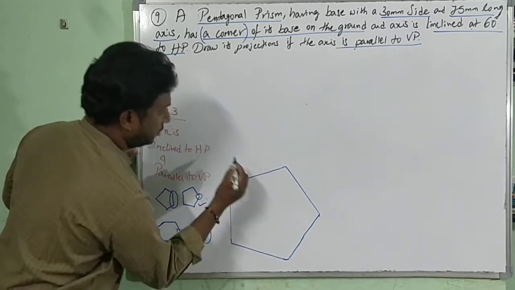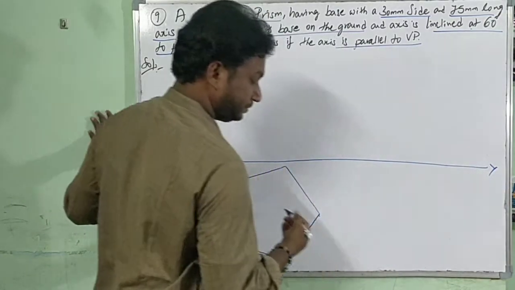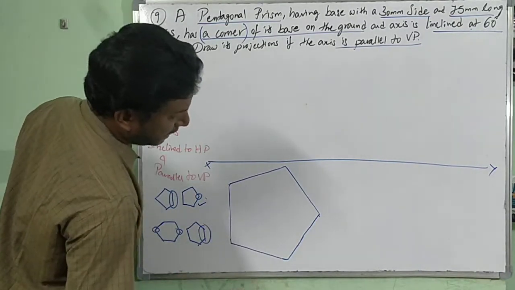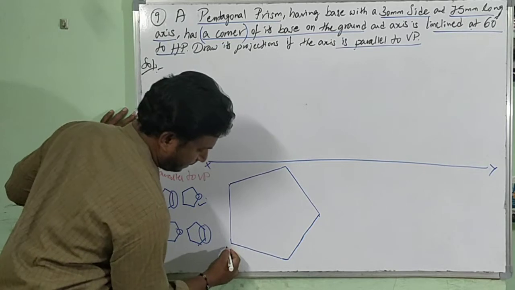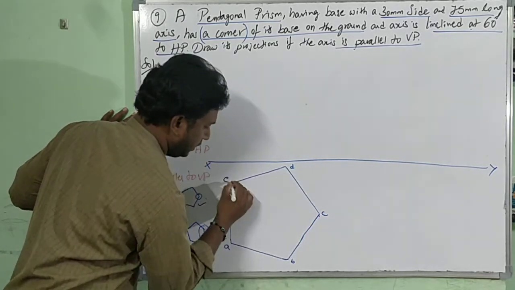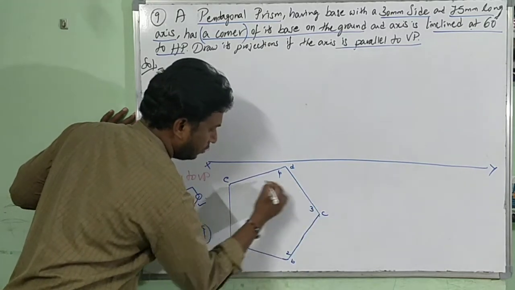Top view. You can draw the XY line. A, B, C, D, E, anticlockwise I am preferring. Inside 1, 2, 3, 4, 5.